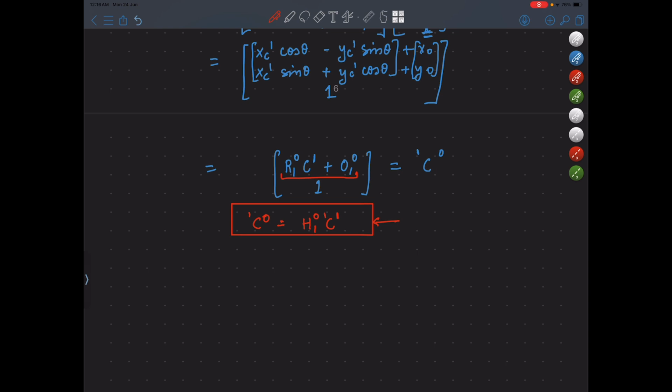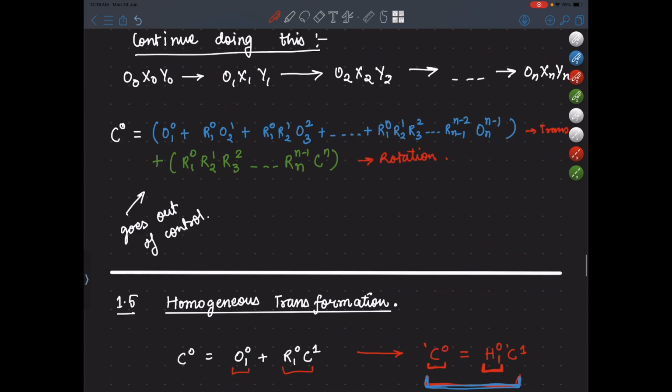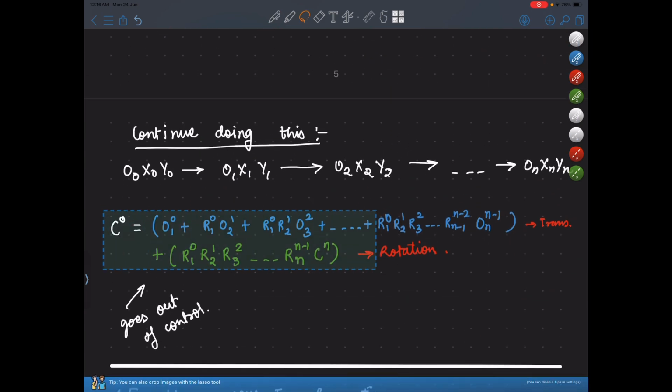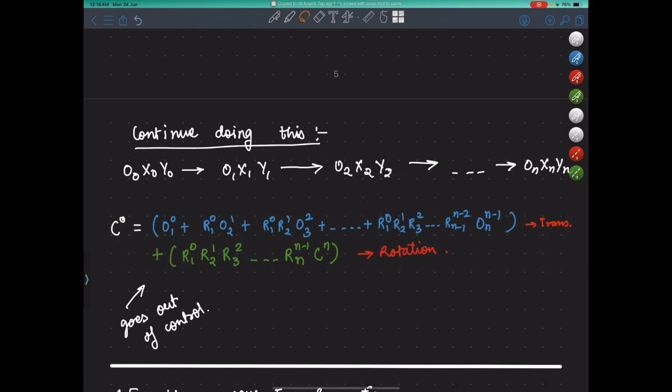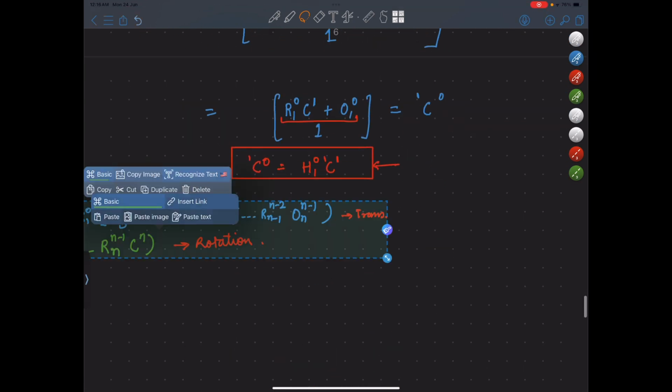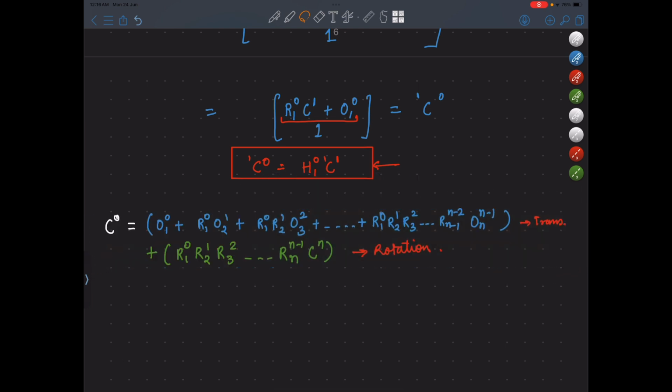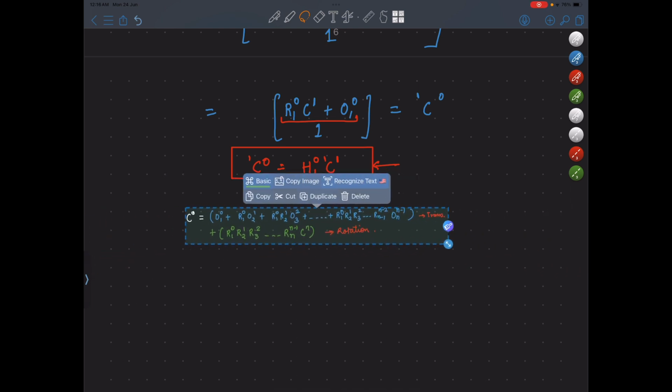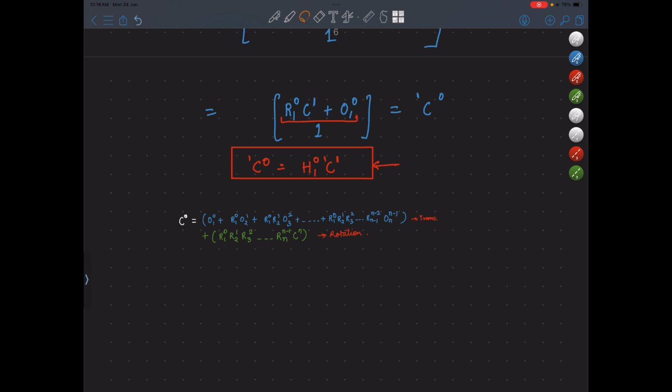So what I am saying is, we saw in a previous section that if we try to do multiple successive transformations and use the formula O10 plus R10 C1 equals C naught, then it becomes a huge expression which quickly goes out of control.